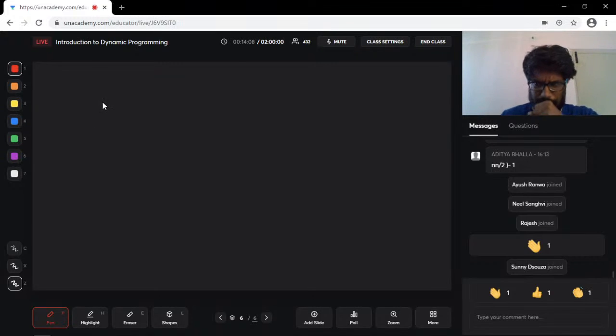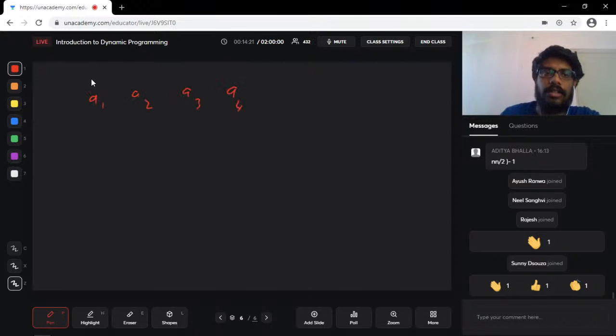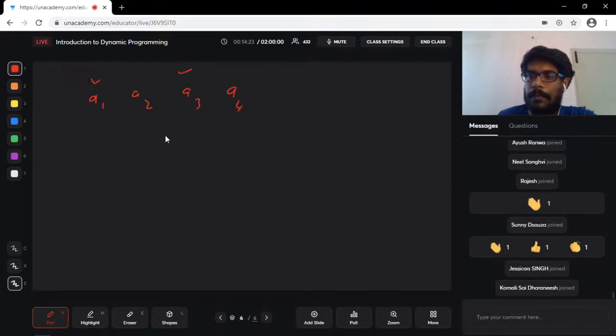Multiple of you gave the suggestion of picking alternate elements, right? So if I have A1, A2, A3, A4, either choose A1, A3 or choose A2, A4. Because I know I can't choose both A1 and A2, so I'll pick one of them.